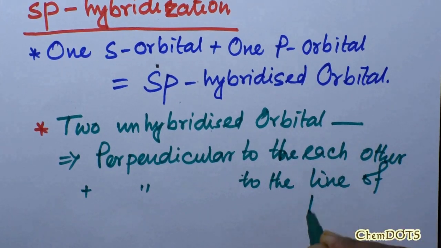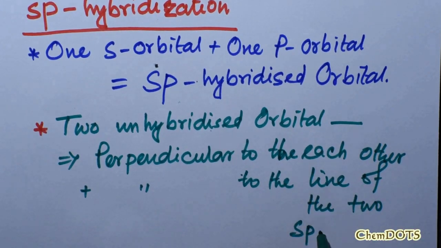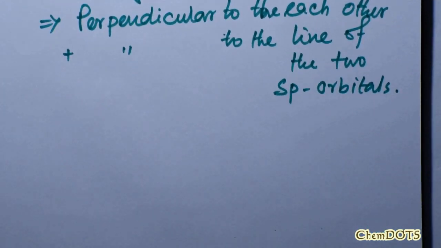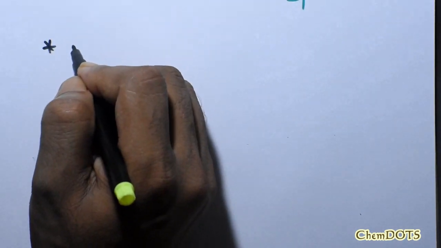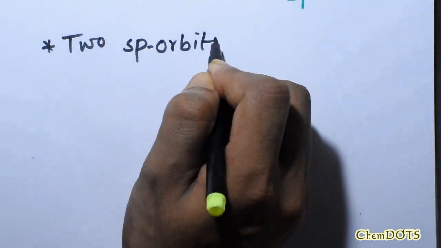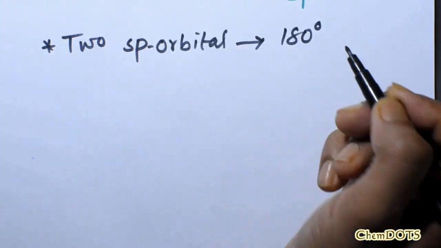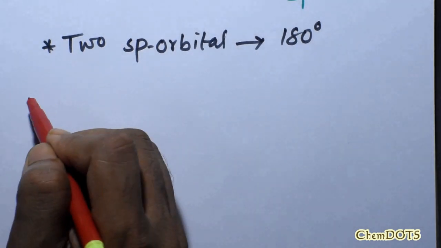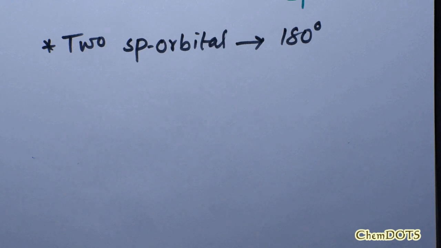As the sp hybridized orbitals are linear to each other, the unhybridized orbitals will be perpendicular to that molecular line. The two sp hybridized orbitals will be 180 degrees apart from each other. That is the reason why sp hybridization is also known as diagonal hybridization.